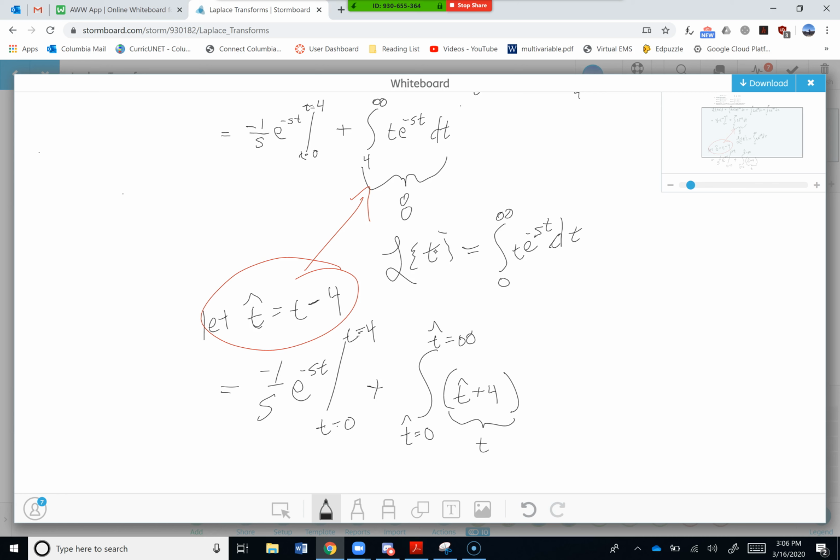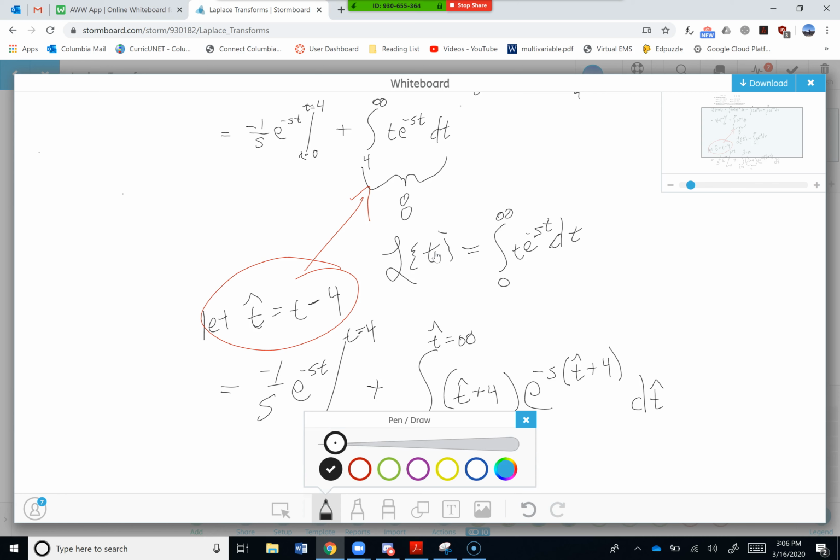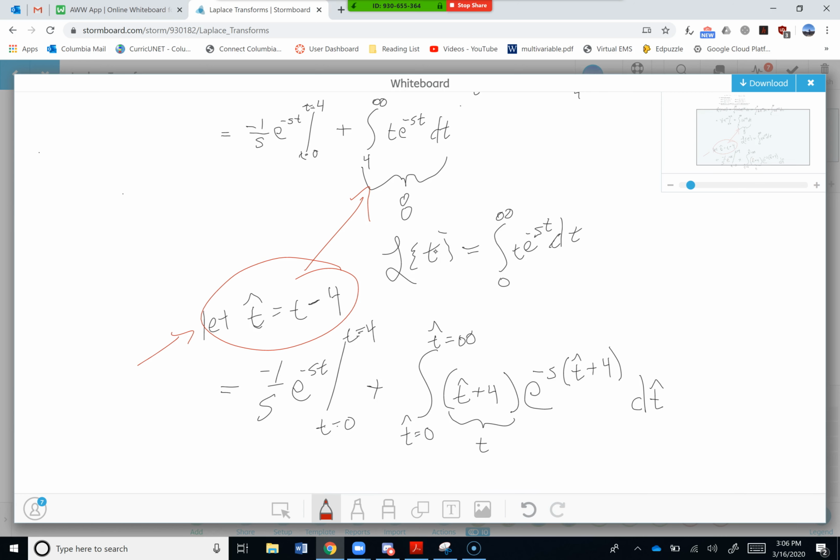Then I have e raised to the minus s times t hat plus 4, and then a d t hat. The only way I'm getting away with that is that given my substitution, dt hat is equal to dt.